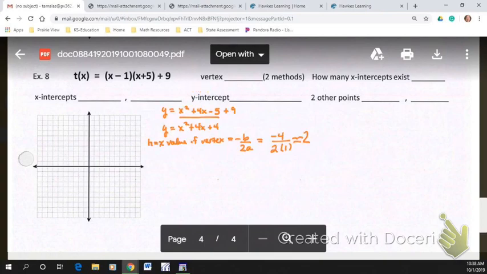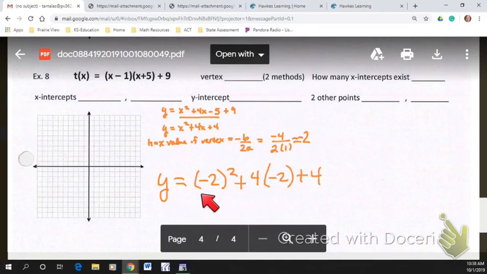So plug it back into the original function for x. x is -2. Okay, so that's going to give me 4 minus 8 plus 4. I'm going to get 0. So my vertex is at negative 2 comma 0.